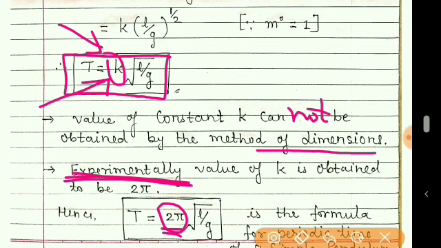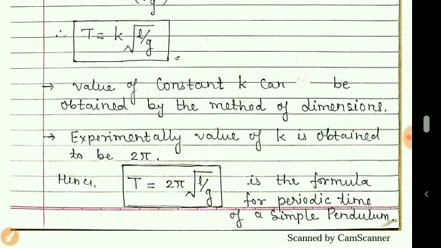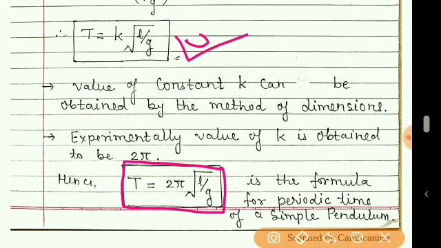Experimentally the value of k is obtained to be 2 pi. Remember, this cannot be obtained with the help of dimensional analysis, but by doing experiment we can get this constant. And so finally we can write T is equal to 2 pi root L by g. If you write up to this much in the exam, then also it is correct. But if you know what this constant is, then I will advise you to write it.